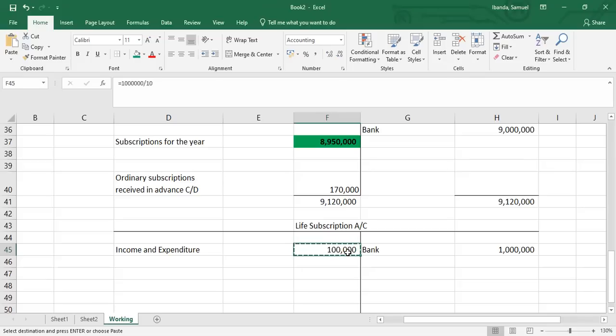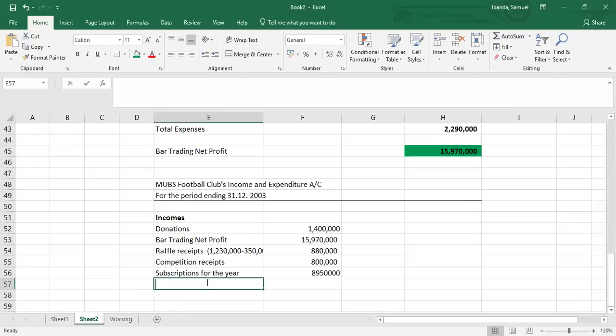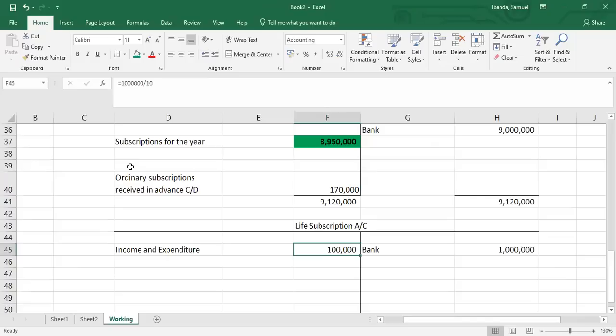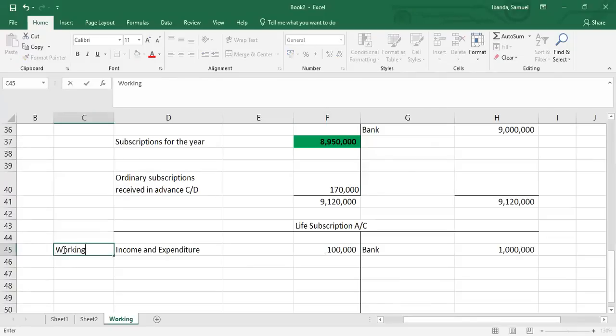So when I go to my income and expenditure here, I'll say life subscription. I'll record the 100,000. You can name your workings here, maybe this could be my working for.